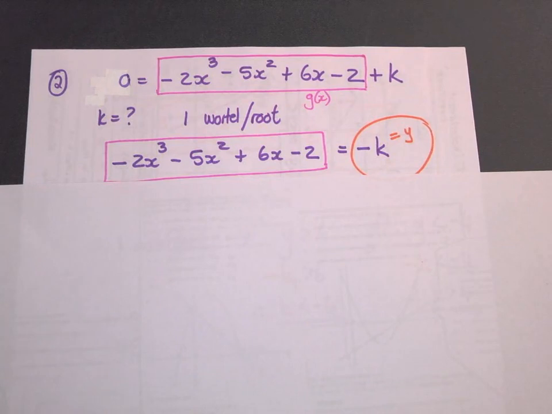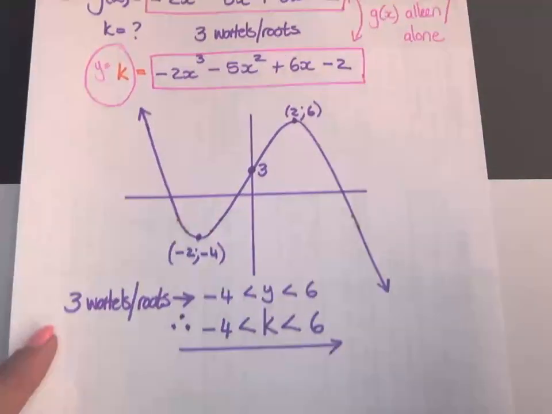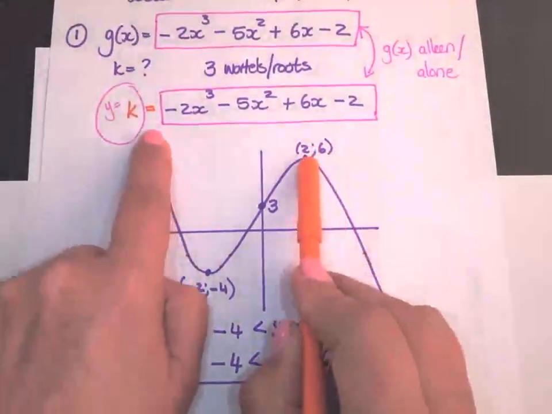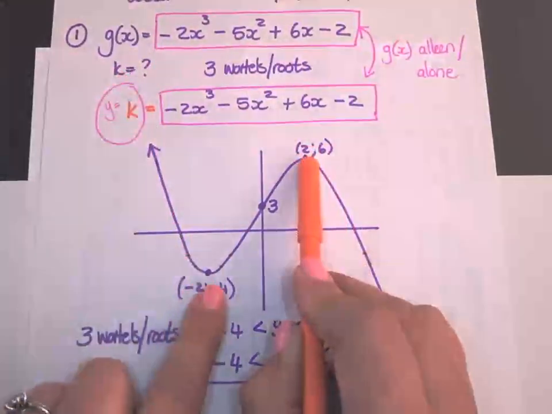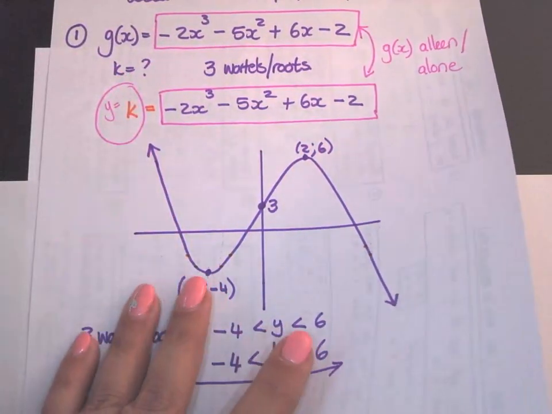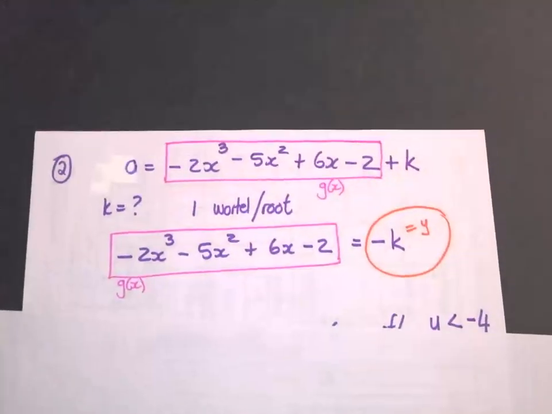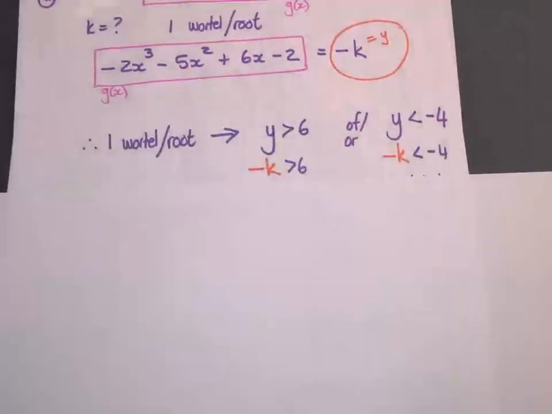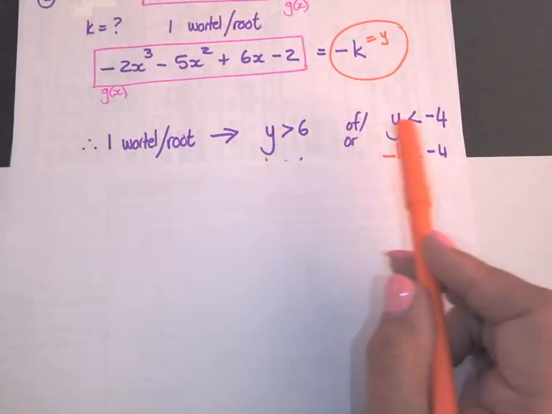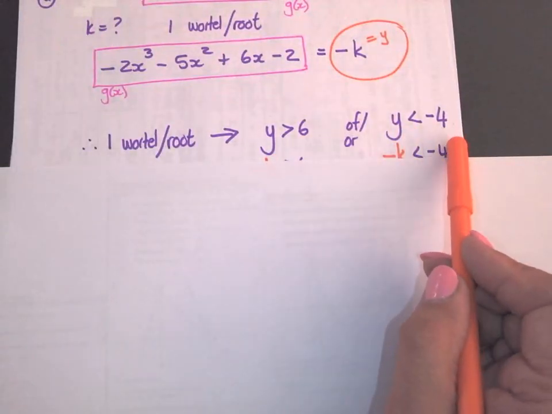Where do I get one root? One root will be above the 6 or below negative 4. So y will be above the 6 or below the negative 4.